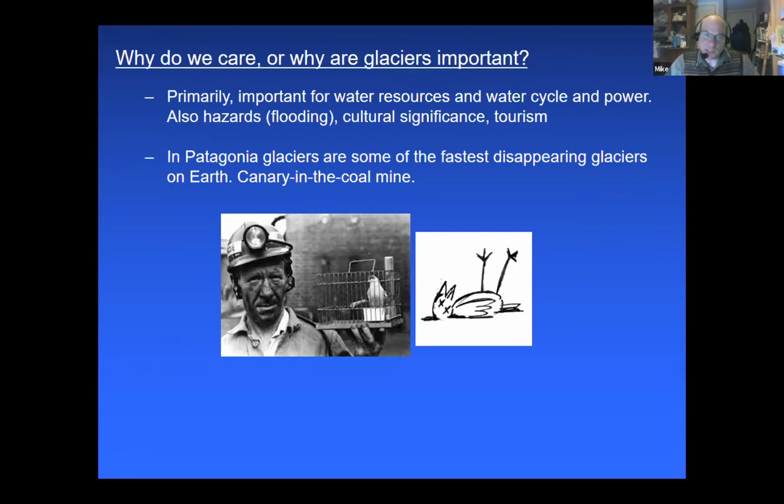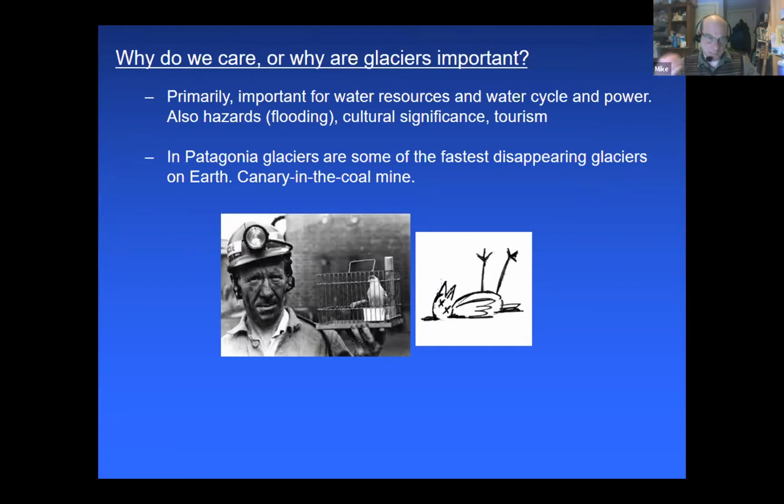We also call glaciers the canary in the coal mine. What I mean by that is they're one of the first or most obvious indicators that humans are affecting the climate and the climate is warming, and that will have an impact on many of the Earth's biologic systems, the flora and fauna, and also the Earth's physical system.